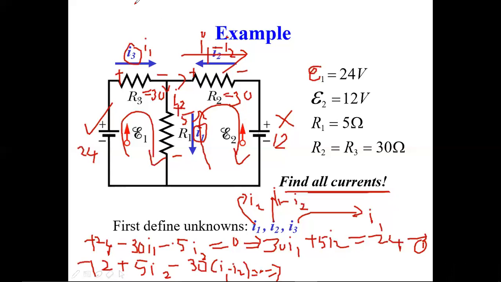So we are here: minus 12. Let me write that equation again. Minus 12 plus 5 I2 minus 30 I1 plus 30 I2 is equal to 0. Minus 30 I1 comes here. 30 plus 5, 35 I2, minus 12 is equal to 0.